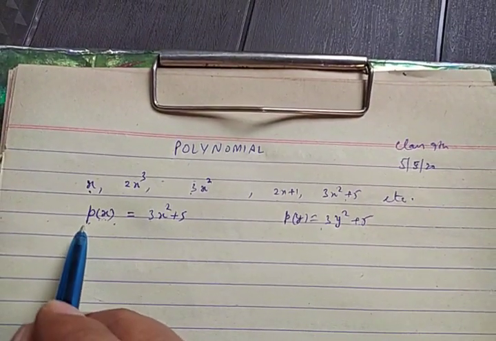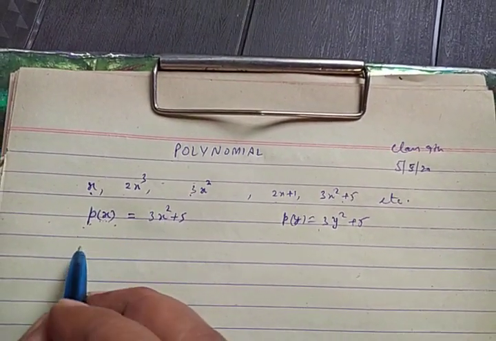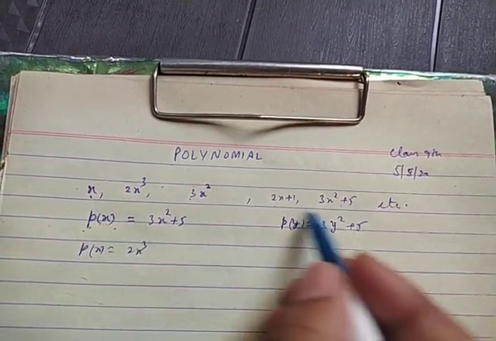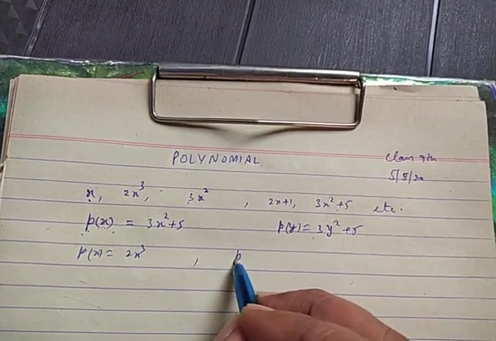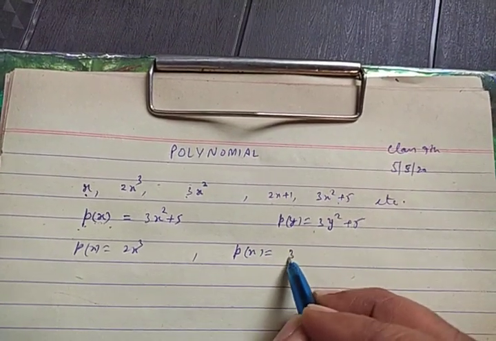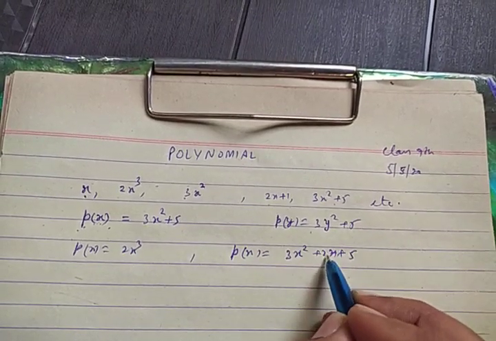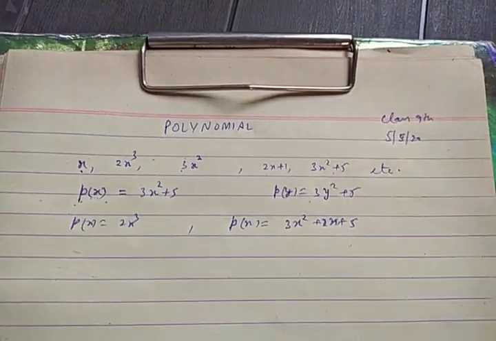P(x) is the notation for any polynomial. P(x) will be equal to 2x cube, whatever you can write. Another example you can take, p(x) is equal to 3x square plus 2x plus 5, like this, also polynomials.